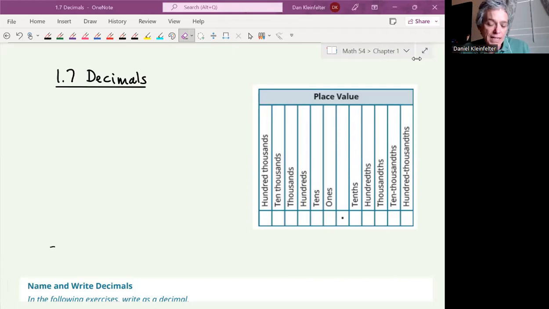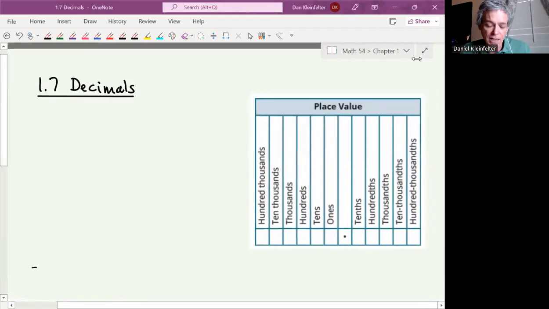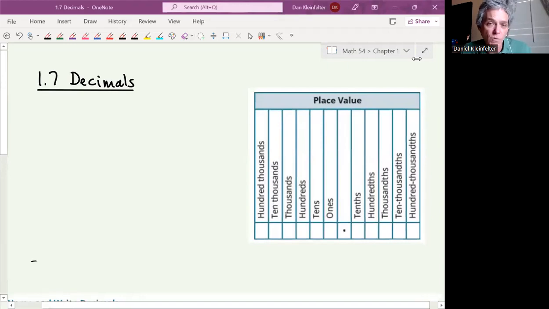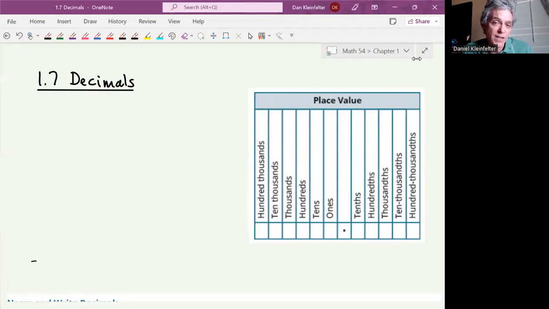Okay, so the big idea for decimals is that like fractions, we have a way of expressing things that are less than one whole. And the consistent thing about decimals is that everything is based on tens or multiples of tens. So we take the place value system that we have, rather, ones, tens, hundreds, thousands, and so on. And then we add in our decimal point that we're familiar with, and then start adding in place values to the right of that.